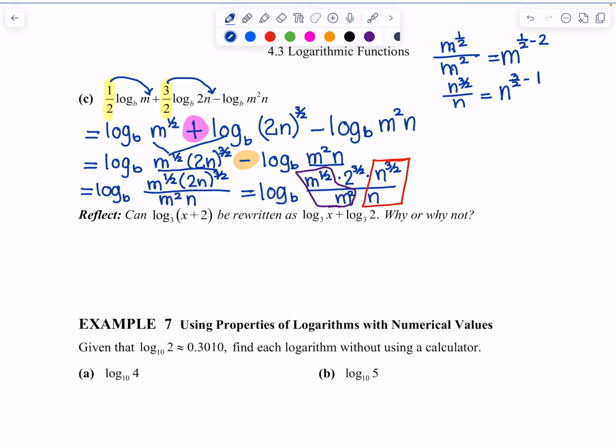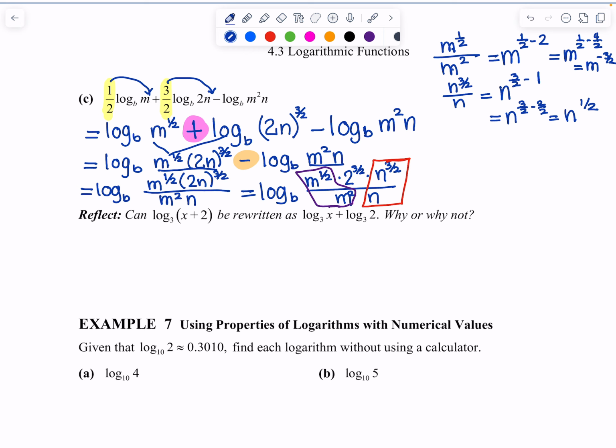So here, this gives me m raised to the 1/2 minus 4/2, which ends up being m raised to the negative 3/2. We come back to that. Here, I have n raised to the 3/2 minus 2 over 2, which is n raised to the 1/2.